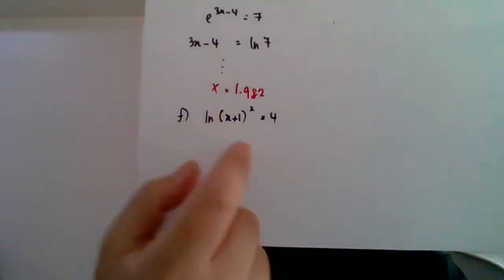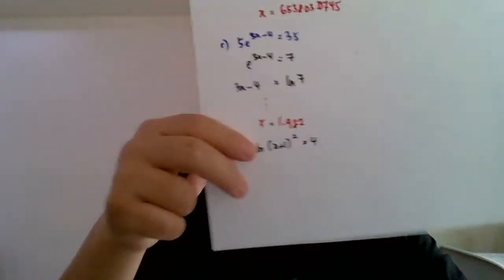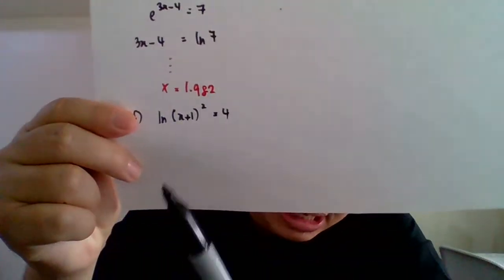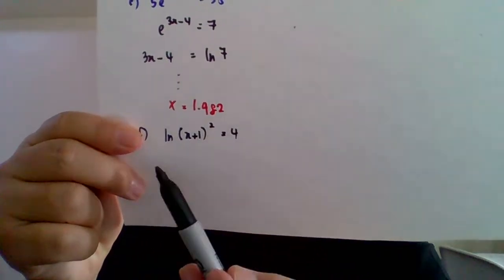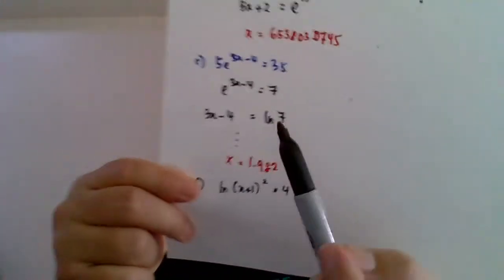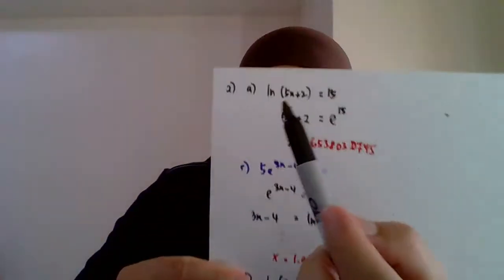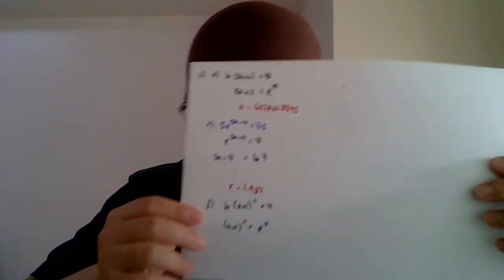We just write down x plus 1 power 2 equals e to the power 4, right? This question is similar to A. Just copy the bracket x plus 1 power 2 equals e to the power 4. That's how we solve number F.